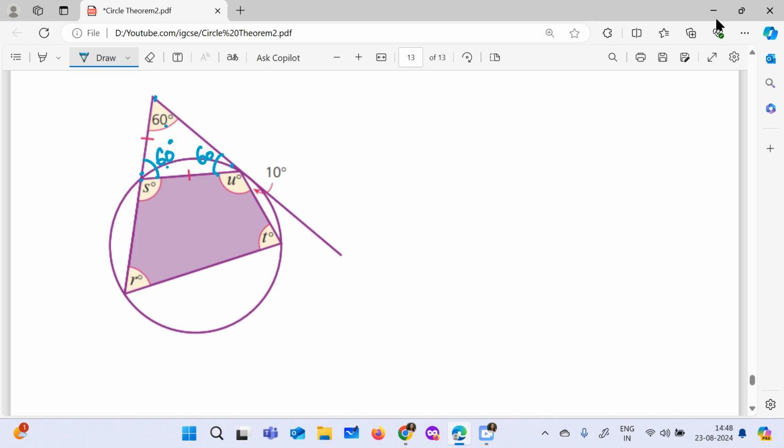So this is 60, then S will be 180 minus 60, that is 120. Now this is also 120. And then R and D are 60, because the sum of opposite angles of a cyclic quadrilateral is 180. And we are done.